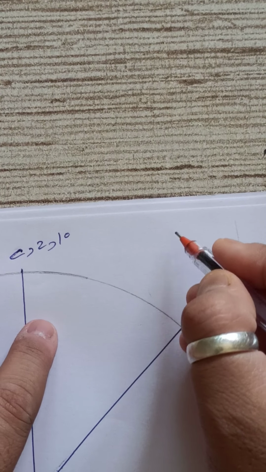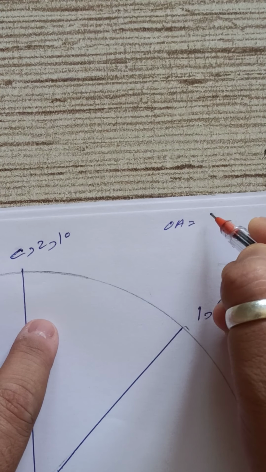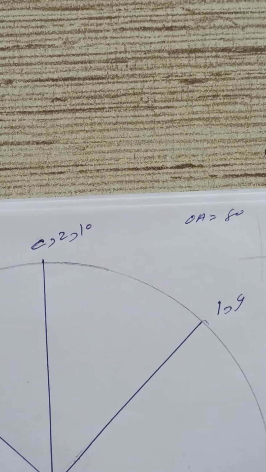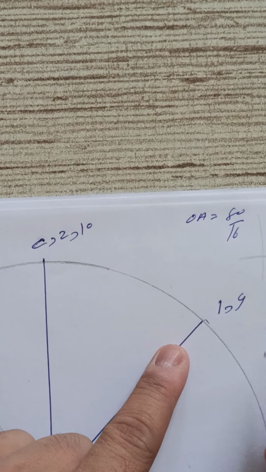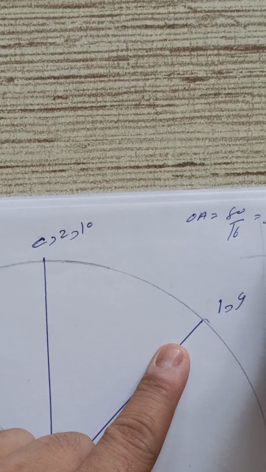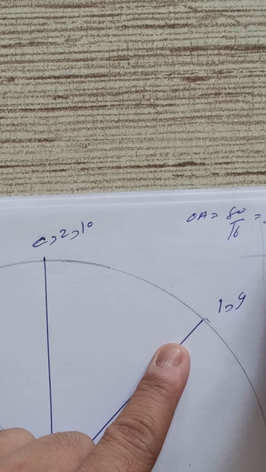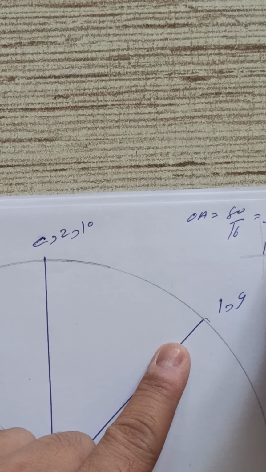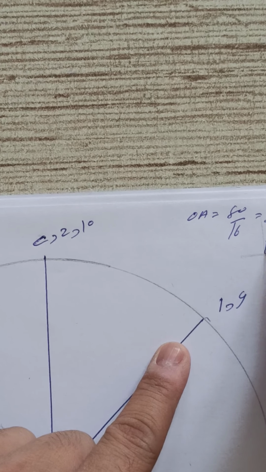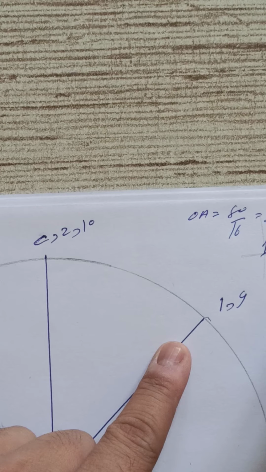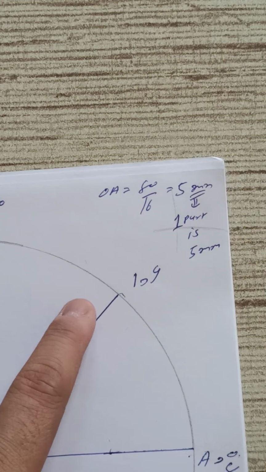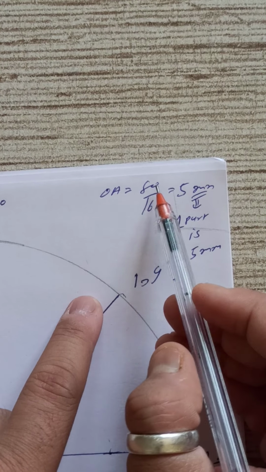Okay, O to A distance is equal to 80 mm. So we divide it in 16 equal parts. Okay, so one part is 5 mm.